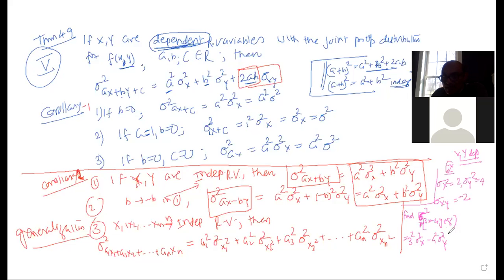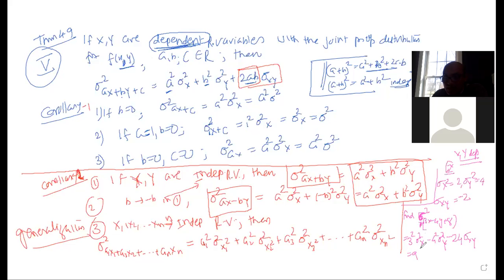If they are dependent, then you have to go for 2ab, so minus 2ab. 4 threes are 12, and 2 times 12 is 24. So minus 24 times the covariance of X and Y.